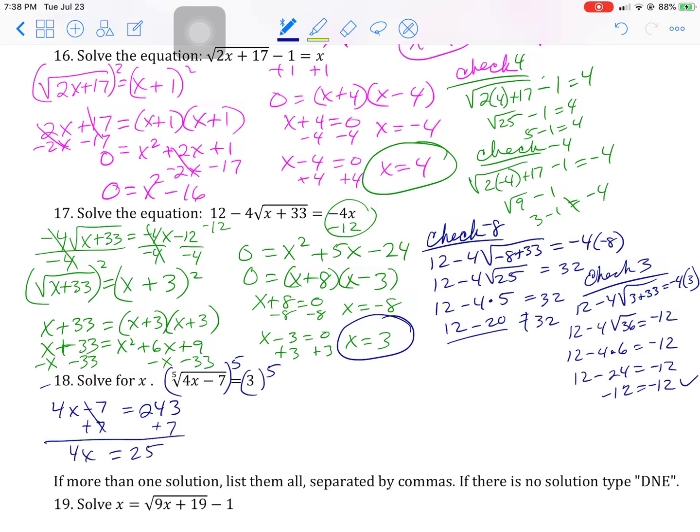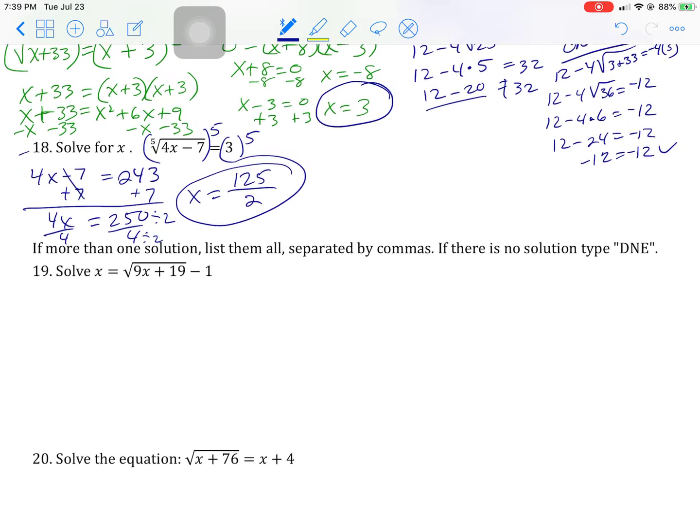That is 250, right? Yes. 250 divided by 4 is x equals, 4 does not go into it, but they're both even, so we can take a 2 out. This is going to be 125 over 2, and since it's an odd root, there's only one answer and we don't have to check it.